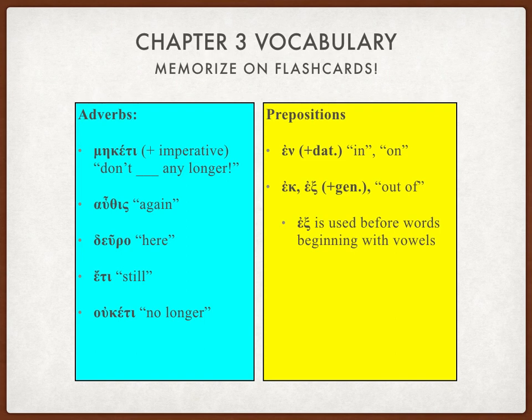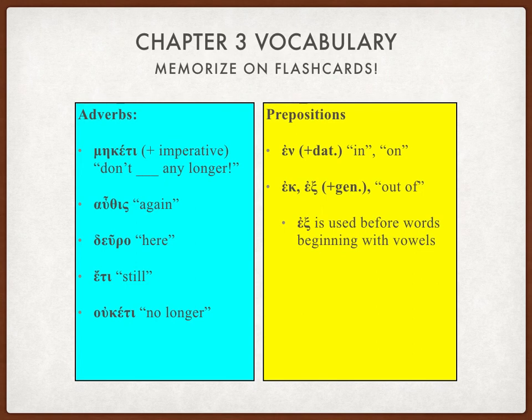Deuro, you saw from the reading today, means here, like elthe deuro, come here. Eti means still or yet, and you can see that that's part of the makeup of meketi. Meketi means not still or not any longer, don't do something. Eti means still or still going. Ouketi means no longer. It's the negative of eti, so that's the opposite meaning.